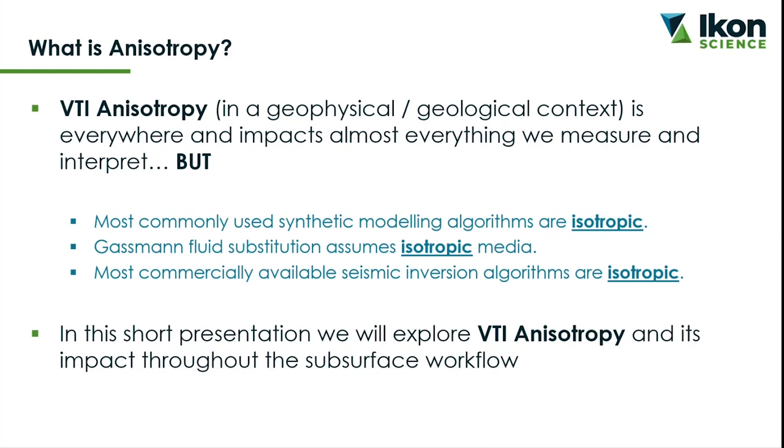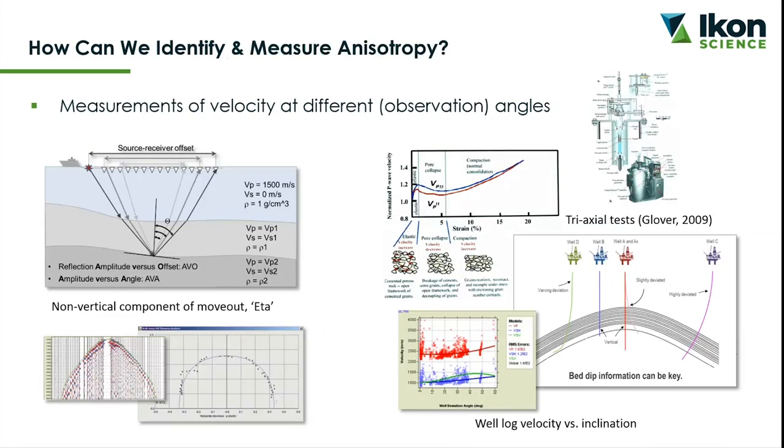So first up, how do we actually measure or even identify the presence of anisotropy in the data that we're working with? There's a variety of different ways, and they come from measurements, or we can create these measurements at a variety of different scales.